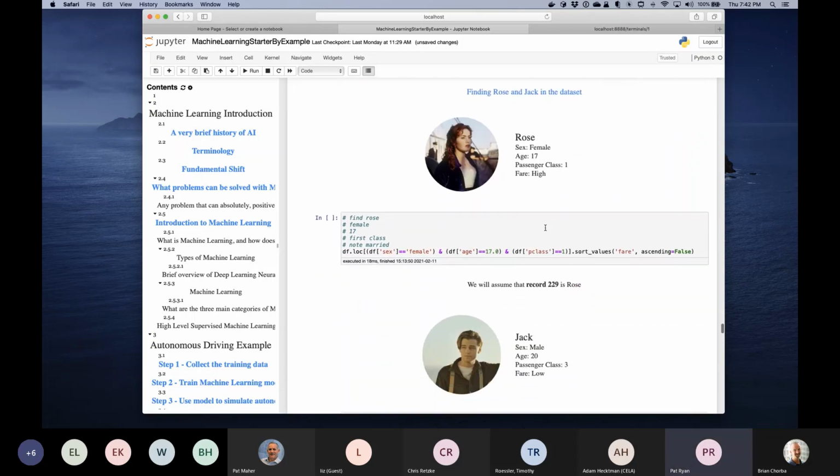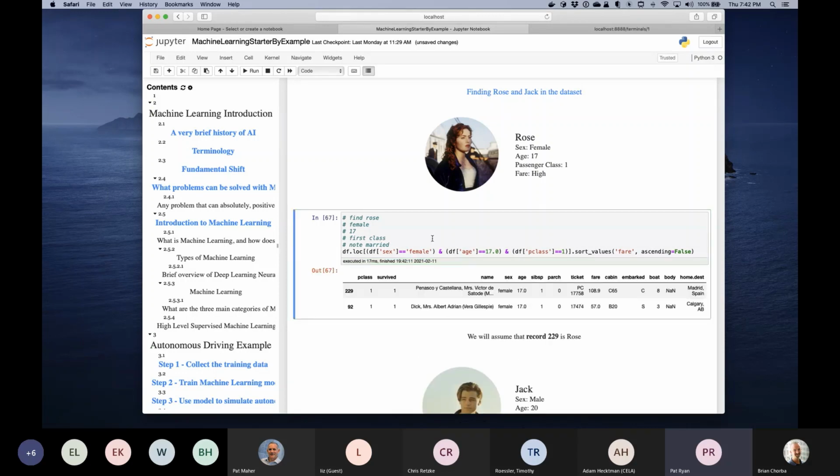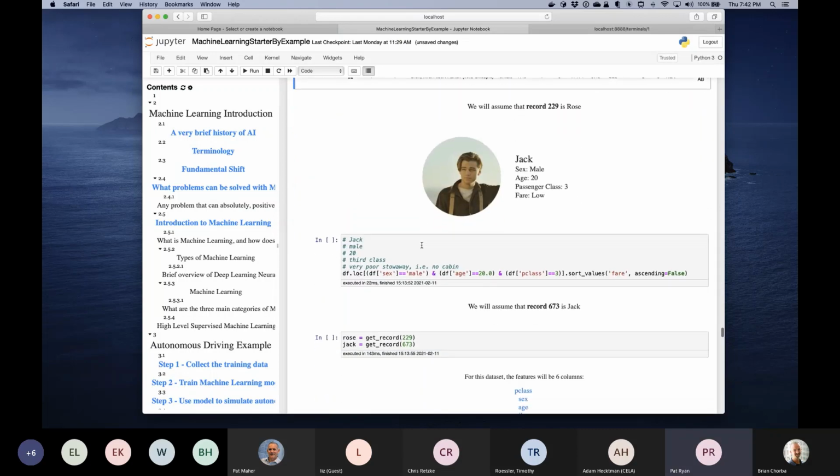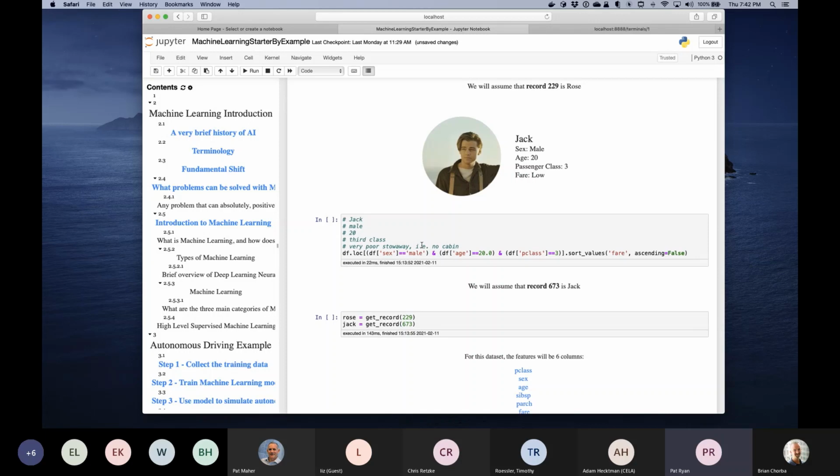So now Rose was female, age 17, first class passenger, probably paid a high fare. So we'd like to find her in that data set. And if I look for people with that particular set of demographics, I find 2. So I'm going to take passenger 229. Jack, if you recall, I think he won his ticket in a poker game, if I recall from the movie.